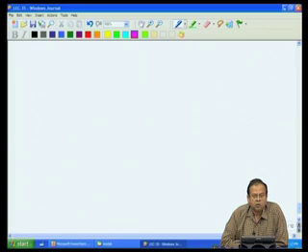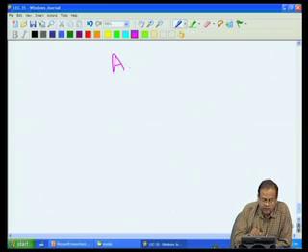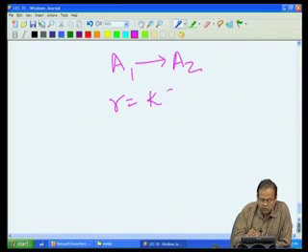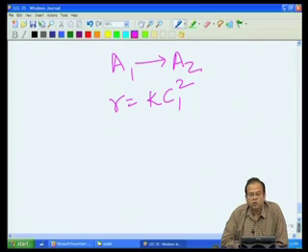So, what we are saying is that, let us say I have a reaction A1 going to A2 and the rate of this reaction is given by a second order reaction. Why not first order? Why not first order will become clear in a few minutes. Okay. So, let us say that we have a second order reaction.